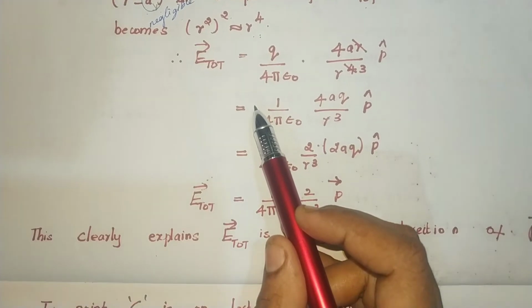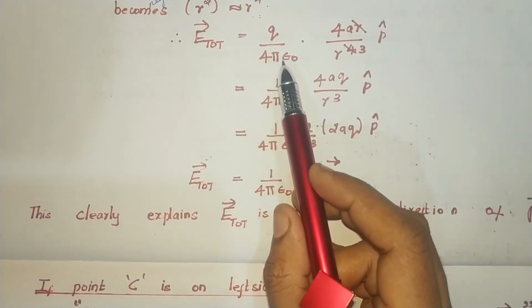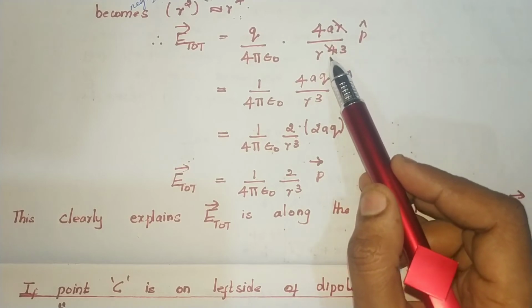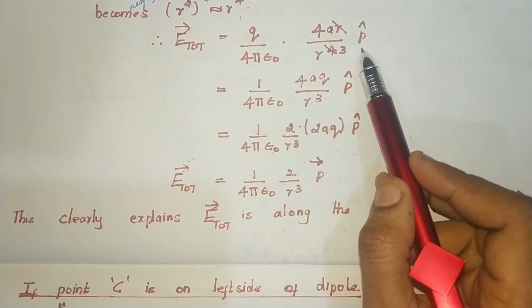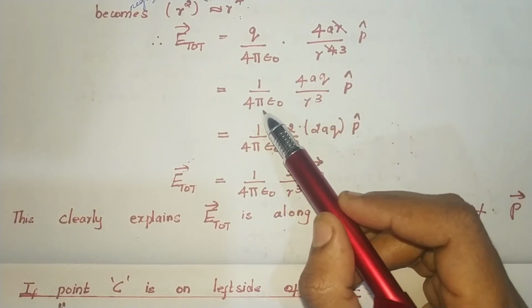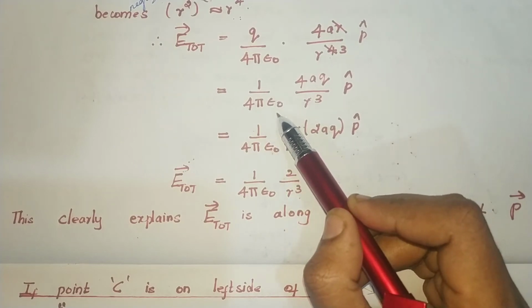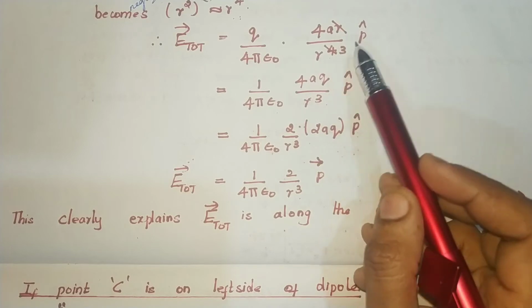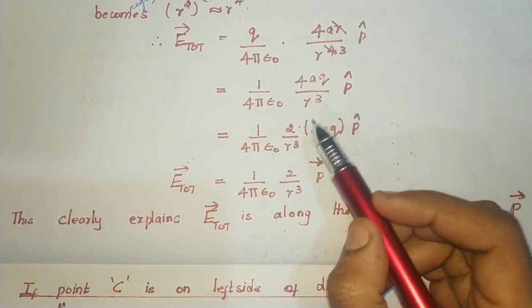ஓகே, அப்போ E total vector is equal to Q by 4 pi epsilon naught 4AR by R power 4 P unit. Then this becomes 1 by 4 pi epsilon naught 4AQ by R cube. R and R gets cancelled and P unit.